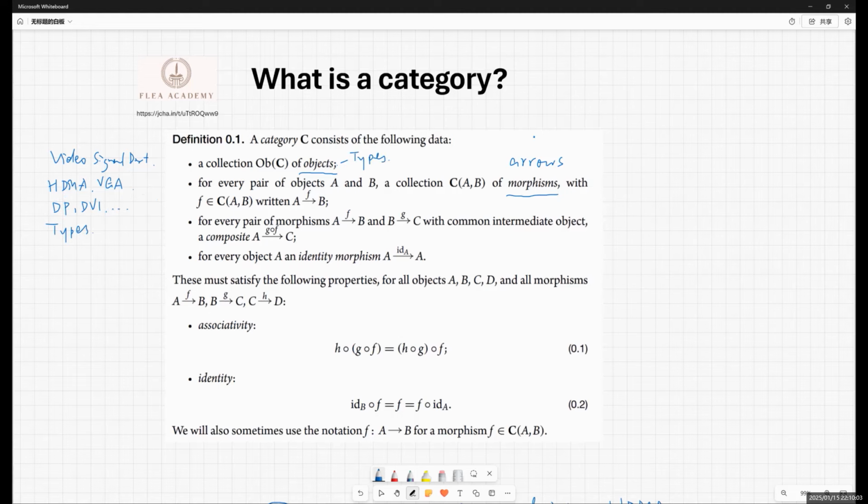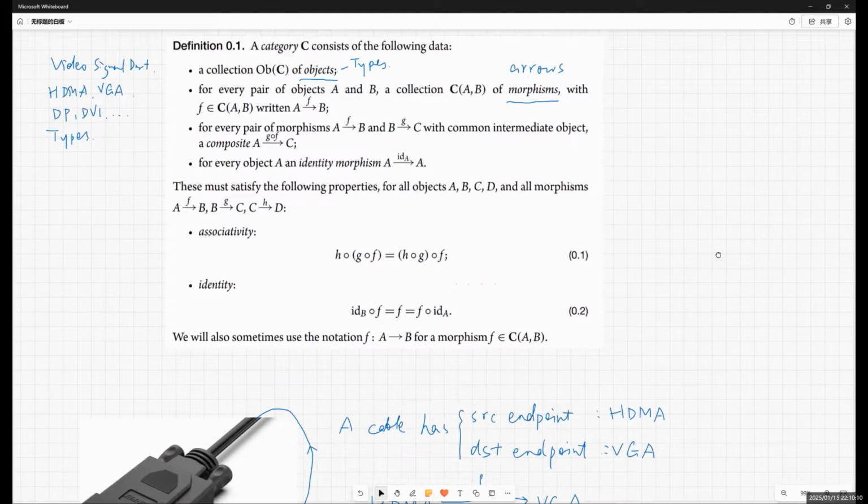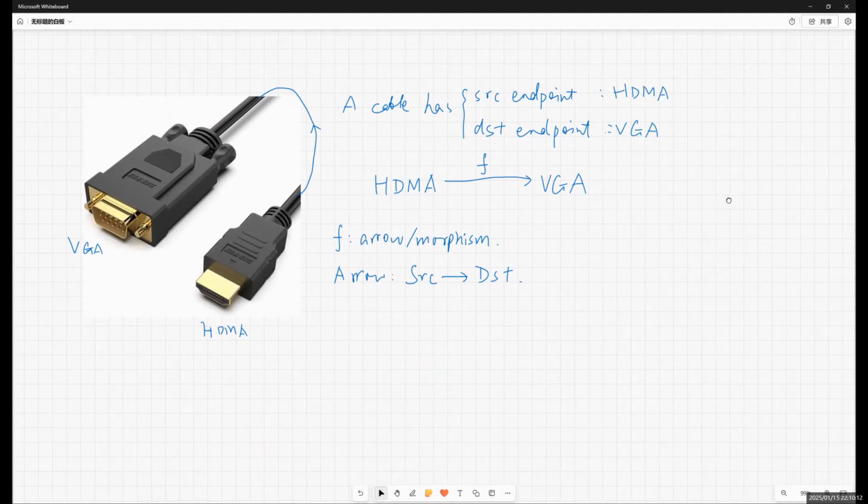And the arrows link from one type to the other. So we have a cable from type HDMI to type VGA.